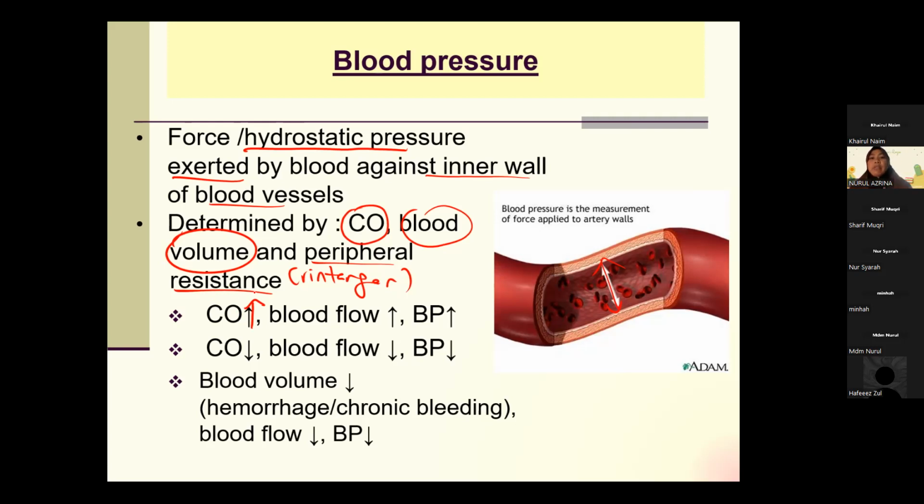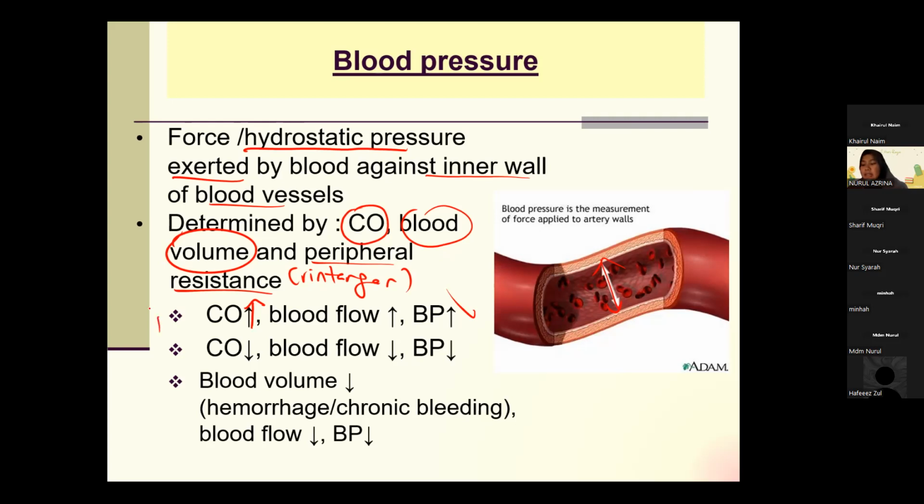As the blood flow increases, lagi banyak darah lalu dekat kita punya blood vessel, so blood pressure will increase. More pressure is exerted on the inner wall of the blood vessel. But when the cardiac output is low, blood flow is low, then the blood pressure will be lower. So that is one factor.